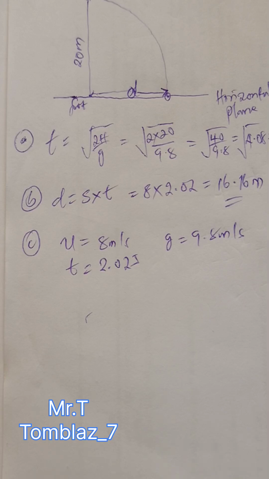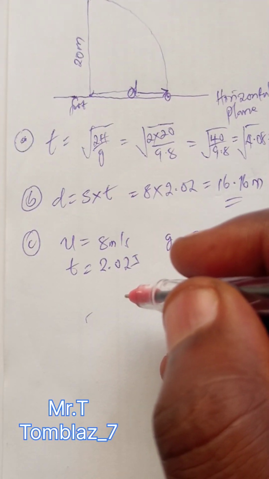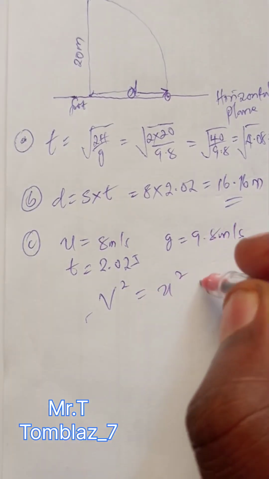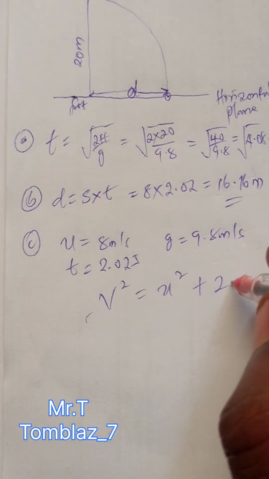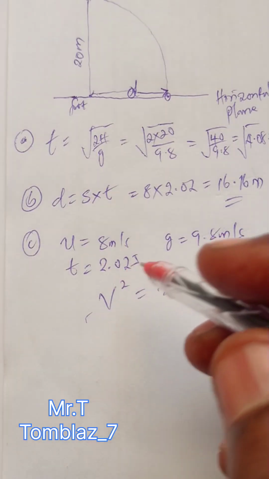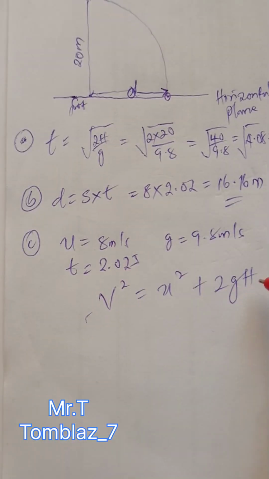So with that, we can use the formula that says v squared equals u squared plus 2gh, right? So here, this will be the velocity we are looking for. The initial velocity is 8.